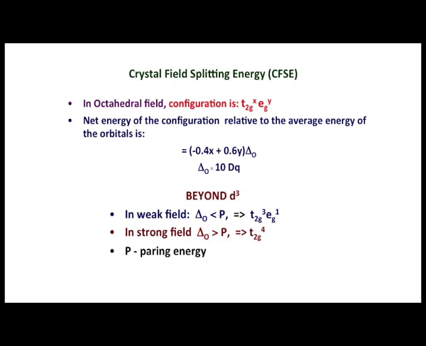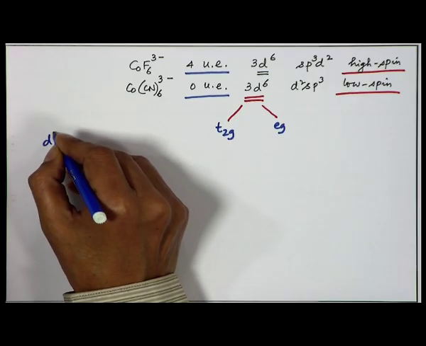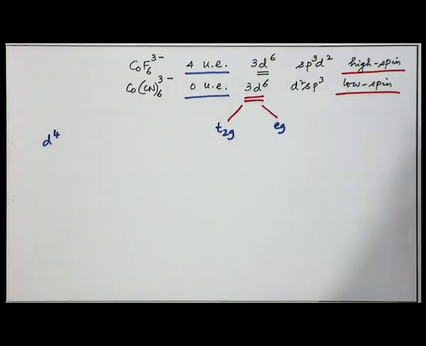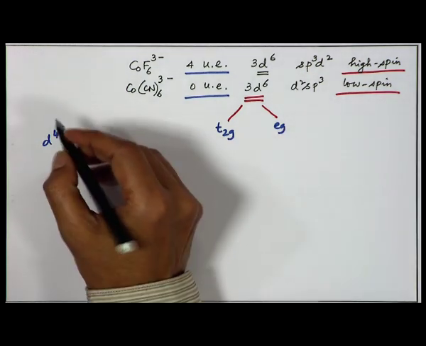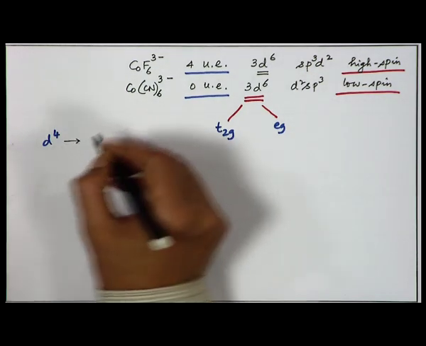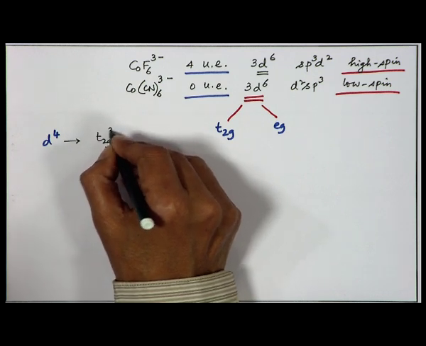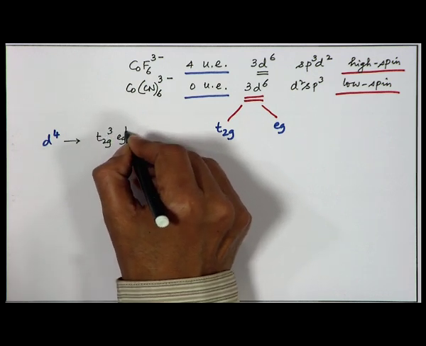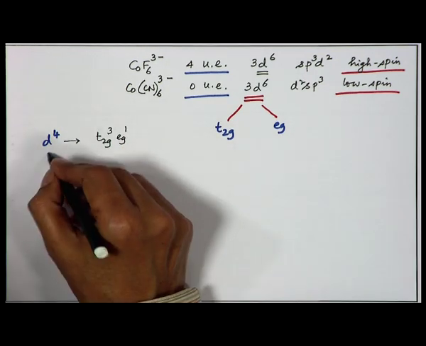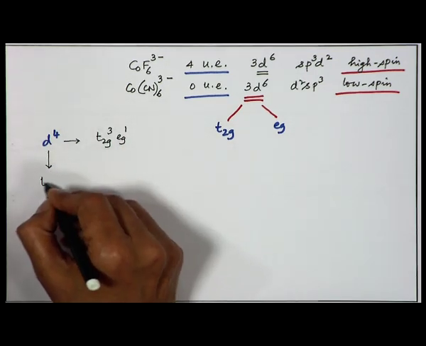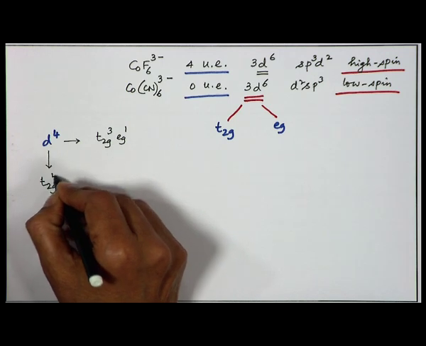This information gives us the electronic configuration. For a d4 configuration, we can write what we have just said: it will be t2g3 eg1 in one case, and t2g4 in the other.